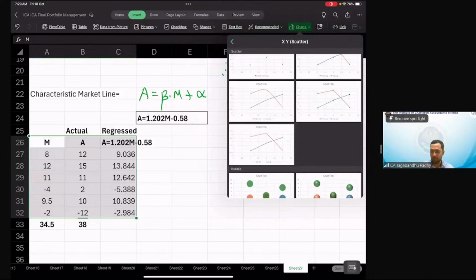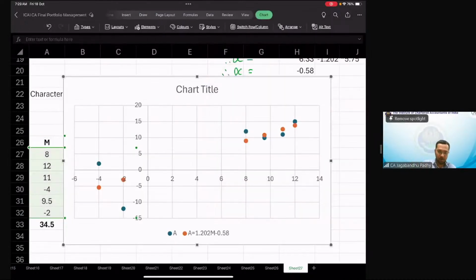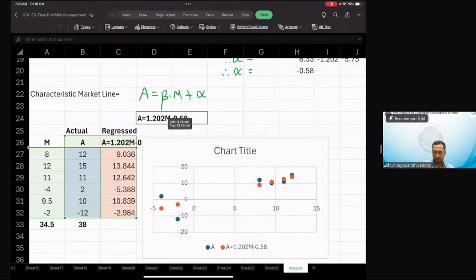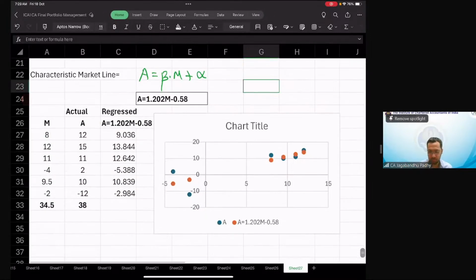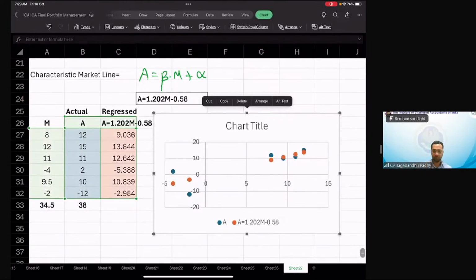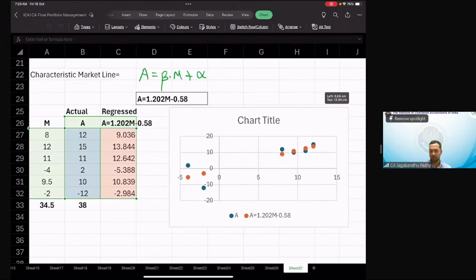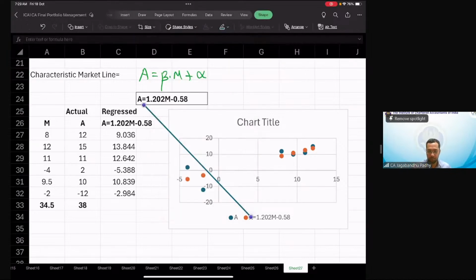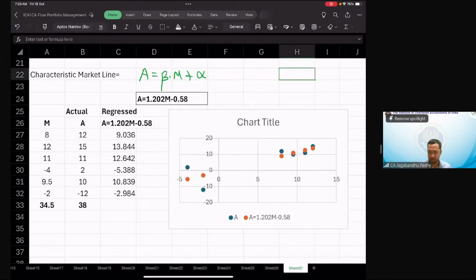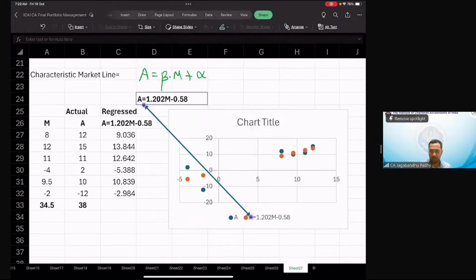And now possibly, you will be able to recognize that we have actually formed a line. Can you see a line being formed, guys? Look at the orange line. Look at the orange dots. Do they appear to be in a straight line?